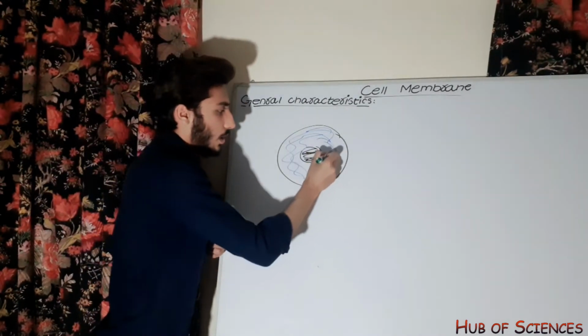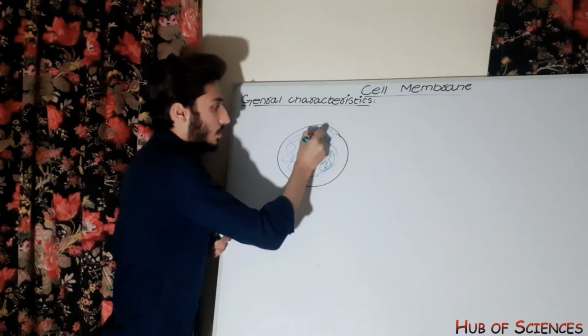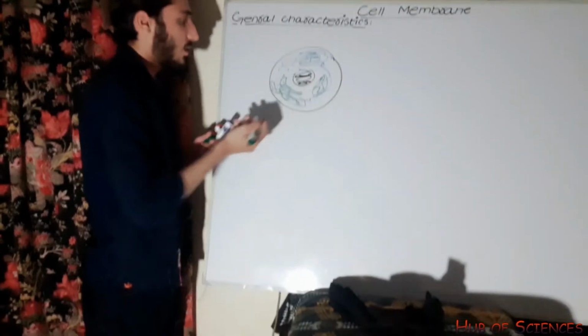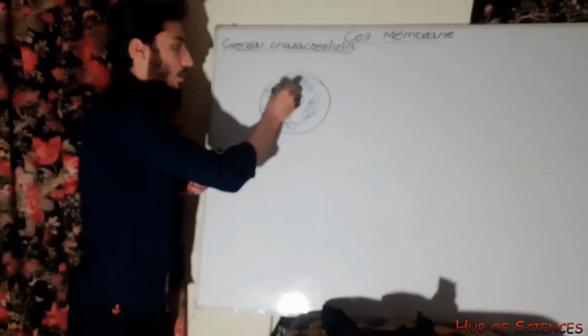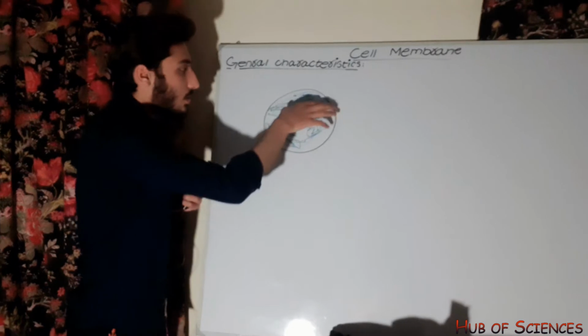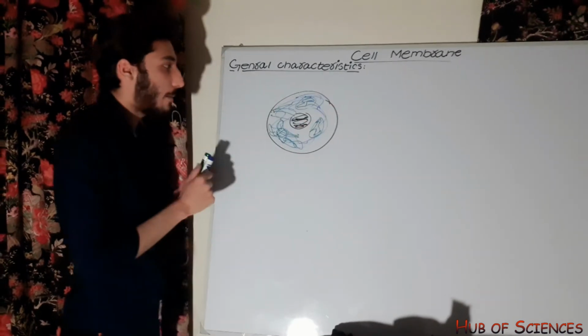This is the mitochondria, and the others are smooth endoplasmic reticulum, rough endoplasmic reticulum, cytoskeleton, etc. Various organelles are present in the cytoplasm. So this outer boundary is the cell membrane.